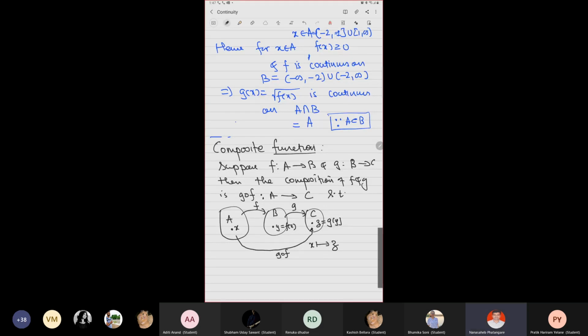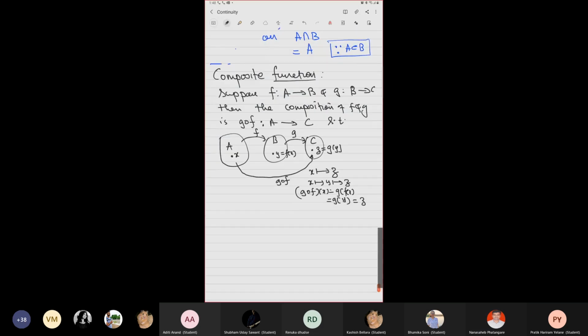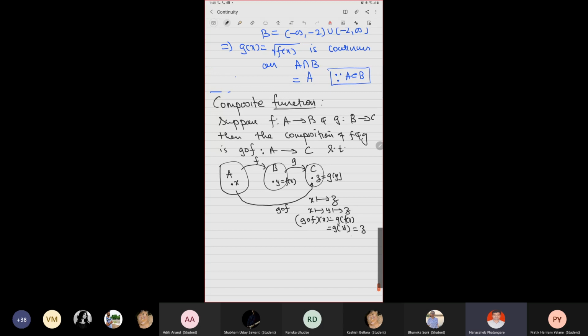How? x goes to y and y goes to z. That means g composite f of x is g of f of x, right? g of y, f of x is y, and that is z. So that is how composition is defined from A to C.